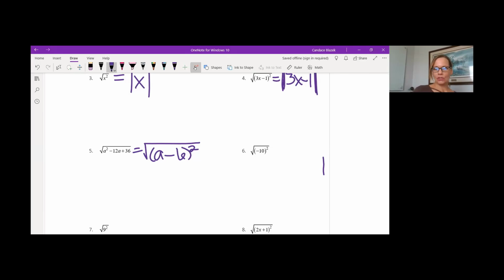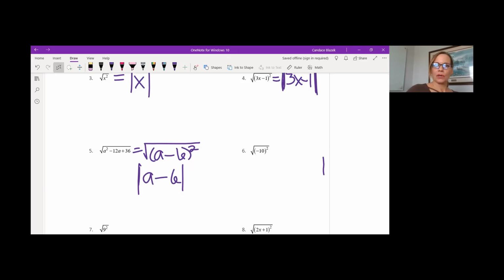You can check my factoring by FOILing, but this ends up being the square root of the quantity a minus 6 squared. By definition, the square root cancels out the perfect square, and we are left with the absolute value of a minus 6.